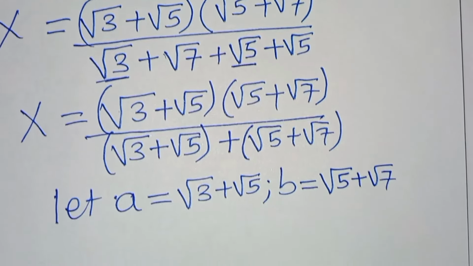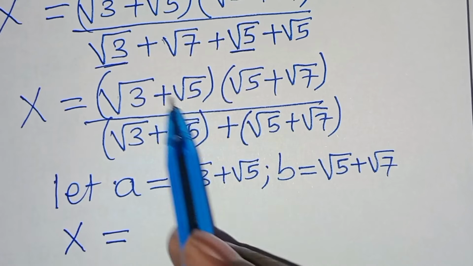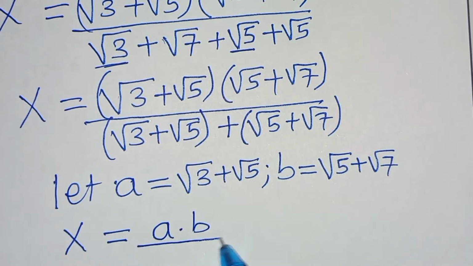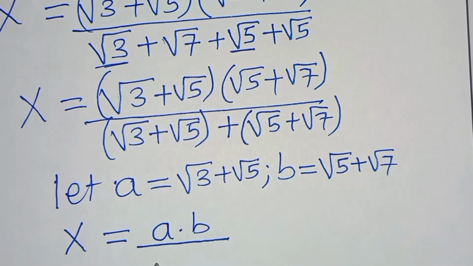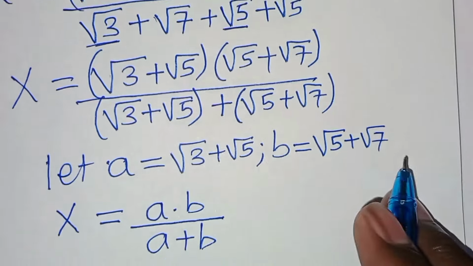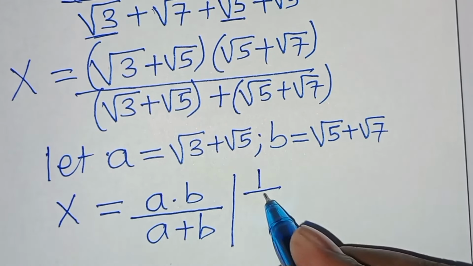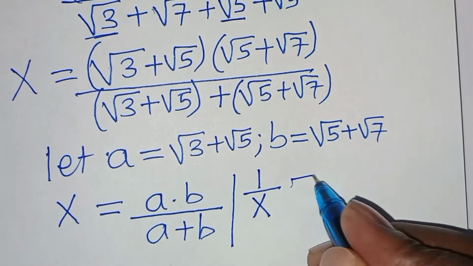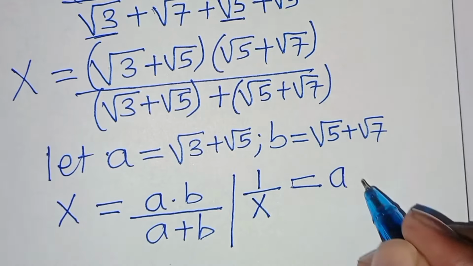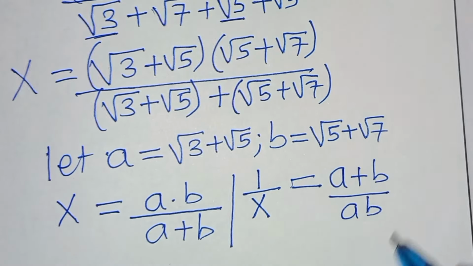So this implies that x will be equal to a times b divided by a plus b. So this intuitively means that if we have to express 1 over x, this will be equal to the reciprocal of this, which is a plus b over a times b.